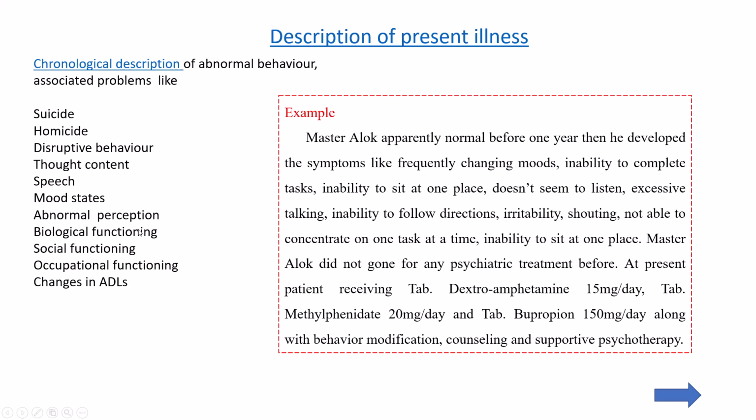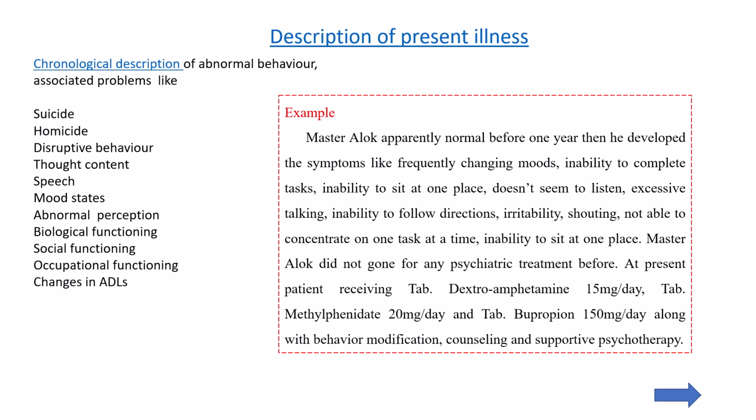Biological functioning, any biologically related issues. Social functioning, that is how he is behaving with others, whether fighting with them or cooperating with them, family members, society. Next is occupational functioning. He is working properly, or leaving the job frequently, or quarreling with co-workers.